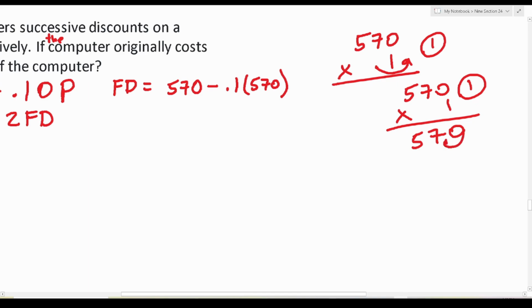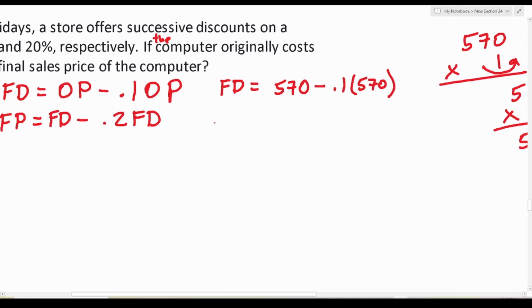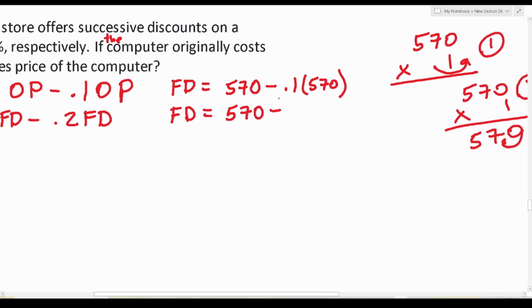Bring our one decimal back in. So we can see that this first discount is going to be found by taking 570 and subtracting 57 from it. And if you can't do that mentally, we can work that off to the side. This is going to be 570 minus 57.